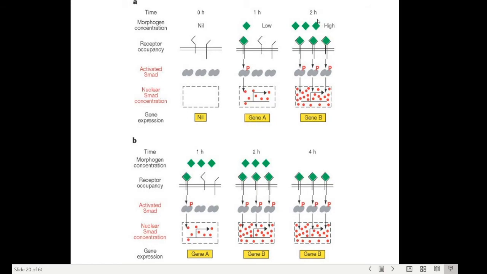After the 2 hour it becomes high, to the stage that the whole cells are occupied with the SMAD concentration. If the concentration of morphogen is high, the gene expression is also high in the specific cell.